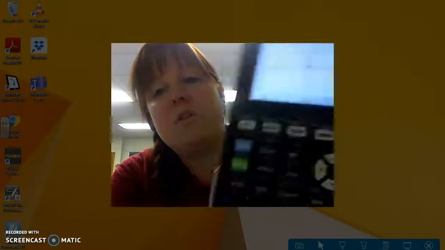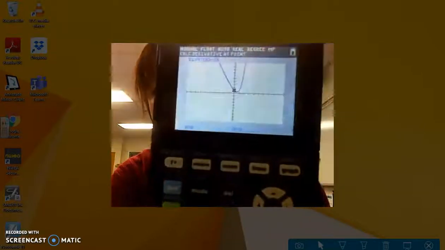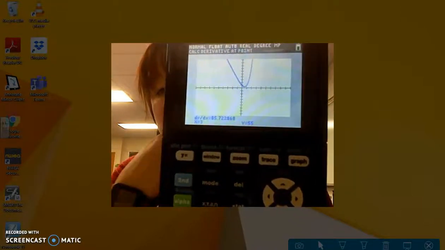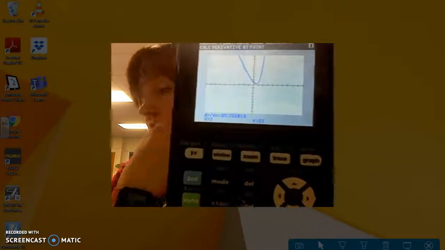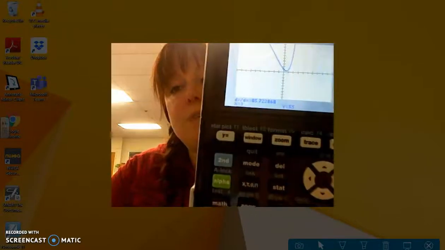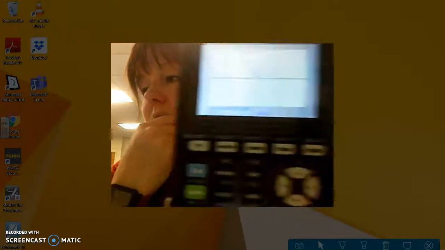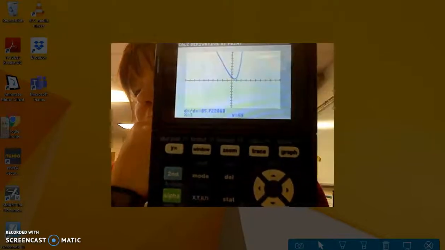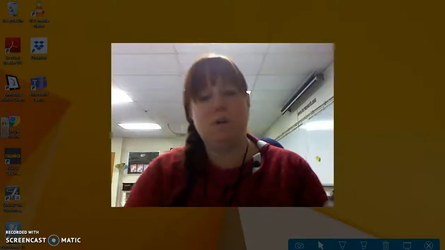So we're going to put 3 in here and push enter. And our derivative at that point is 85.722. So that's what you write down. That's your derivative at that point. Okay, f double prime.